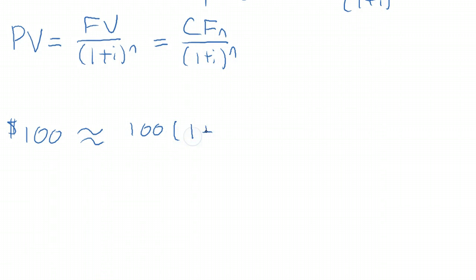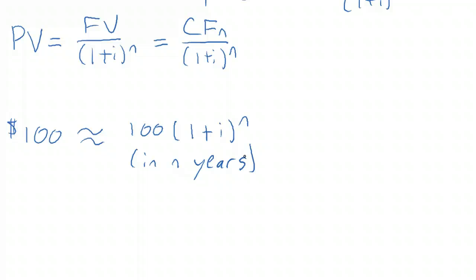In some sense, in a deep sense, these are exactly the same to us. Suppose I is 10%. I'm completely indifferent between receiving $100 today or $110 a year from now.